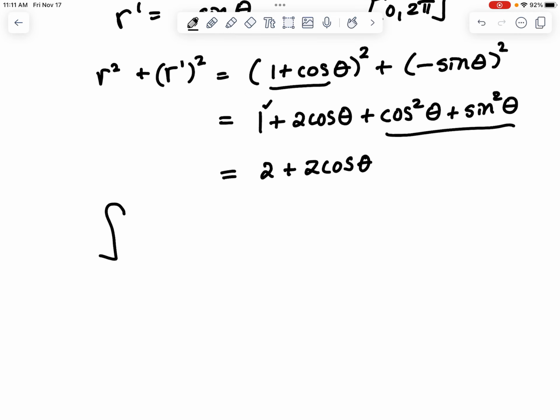All right, so that's what goes inside of the square root. So arc length is going to be integrate from 0 to 2 pi. And then inside of the square root goes 2. Oh, you know what? They both have a 2. I think I'll factor that out. So if you factor out the 2, it's going to be 1 plus cosine.